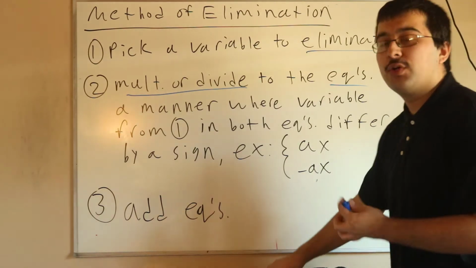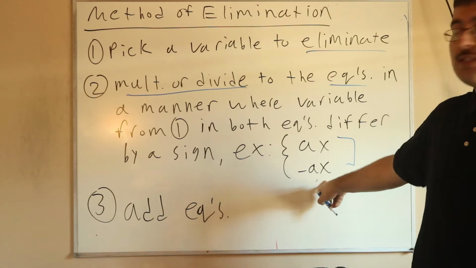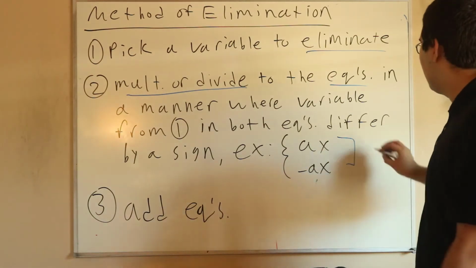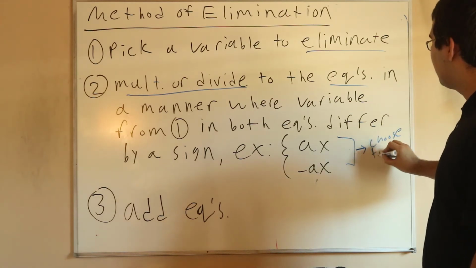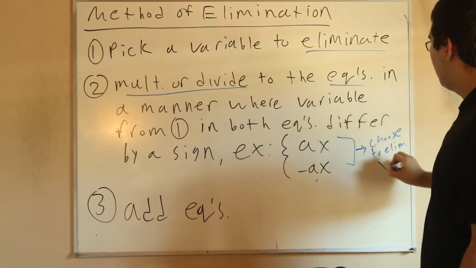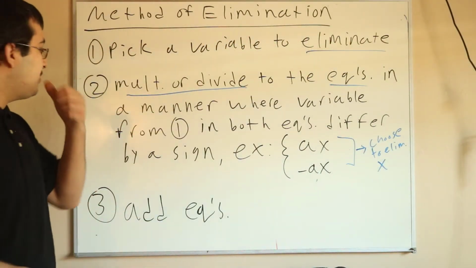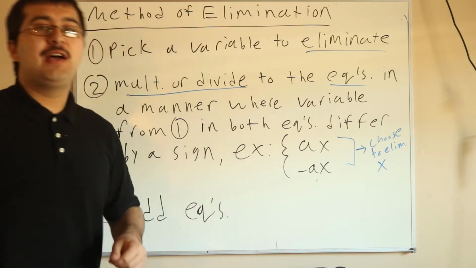In other words, you're looking for something like this. So if we chose to eliminate x, the x's in the two equations differ only by a sign. So here we choose to eliminate x. And that's why we have now modified our equations in a manner where the variable we chose to eliminate differs by a sign.